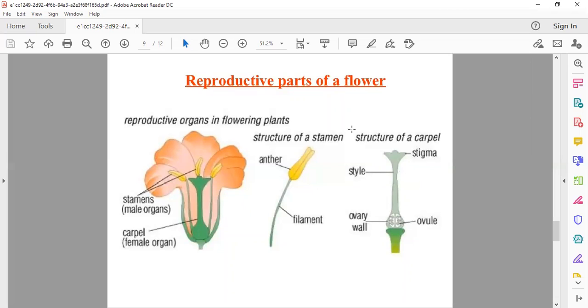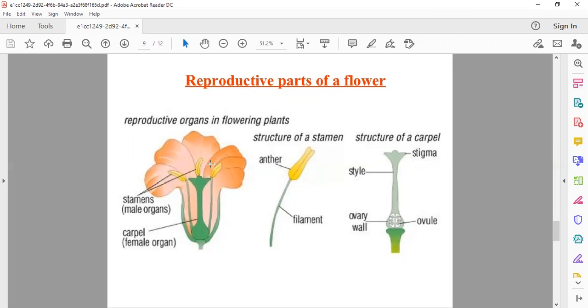Reproductive parts of a flower. Let me recap again. Flowers are the reproductive part in plants. See the diagram. This is a picture of a flower. You can clearly see the male and female parts of the flower.